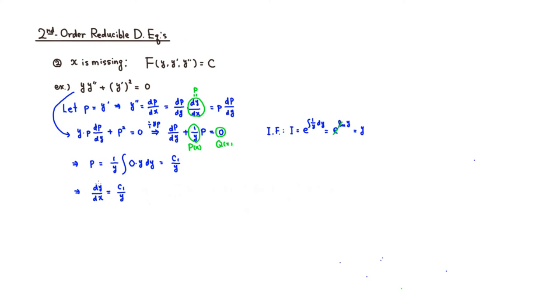Now this is a separable equation. I'm going to multiply both sides by y. Then you get y dy over dx is equal to just a number, c1.